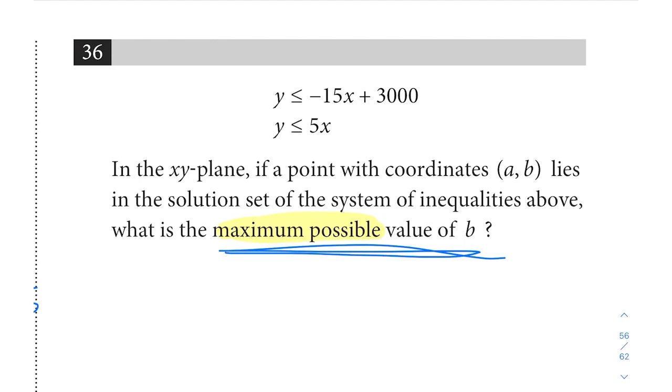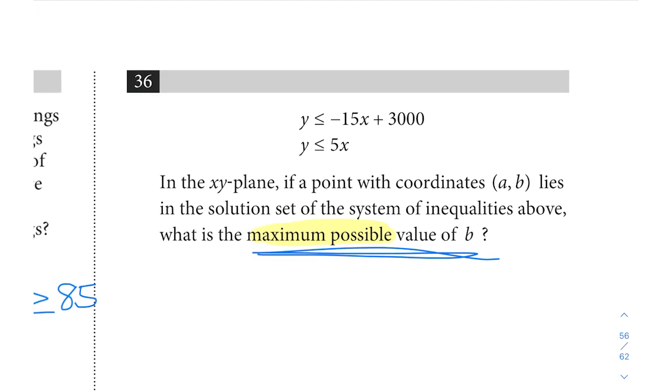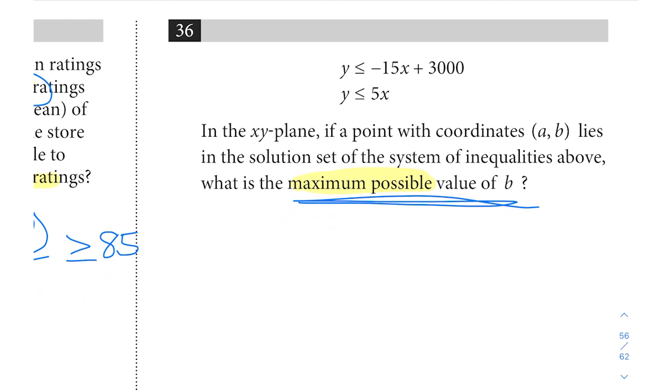Well, here we have this system of inequalities, and just like with any system of equations, you want to find out where that breaking point is. You want to find out where your value is going to have a max or a min, which means that for these, we would have to set these equal to each other.